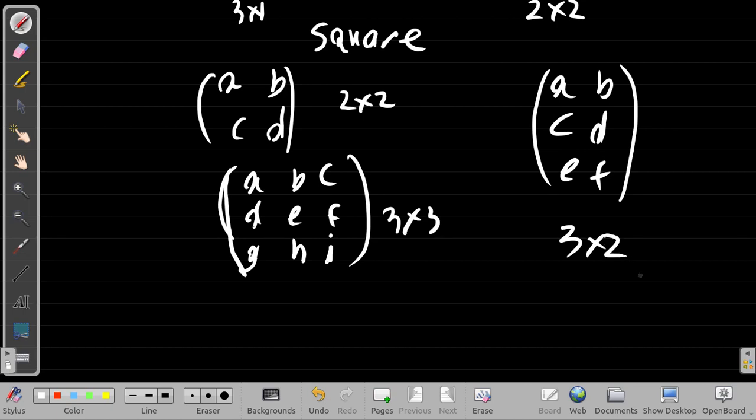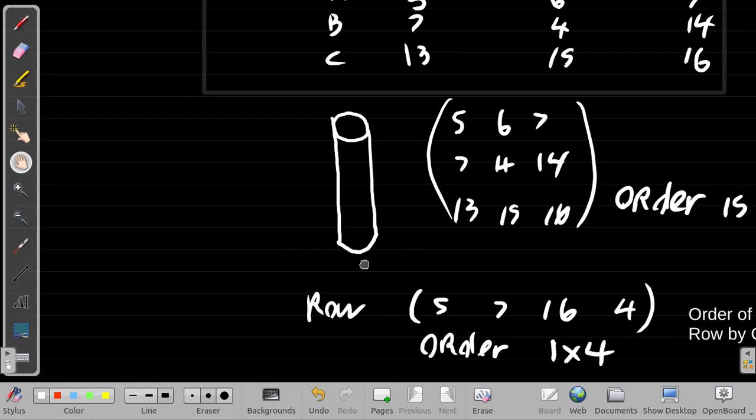That means 3 high by 2 wide, which is a rectangle, but not a square. The square must have the same width and height. You see that? Alright, nice. Square matrix.